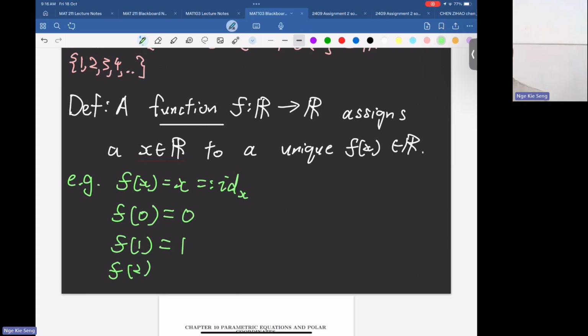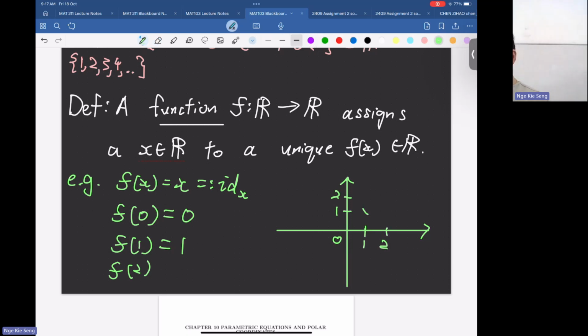In principle, what you have learned before was that you can sketch the graph of this function. So you just plot all the points. For example, when x equals 0, you get 0. Here is 0, here is 1, and when it's 2, you get 2, and so on.